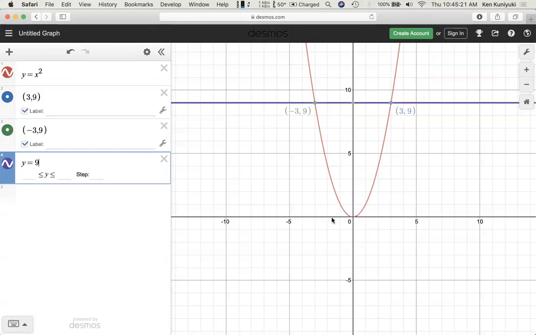See, the problem is that this parabola, the graph of y equals x squared, fails the HLT, the horizontal line test. As it stands, the squaring function is not one-to-one. The graph fails the HLT. Now, if the graph is not one-to-one, then two x-coordinates can yield the same y-coordinate.